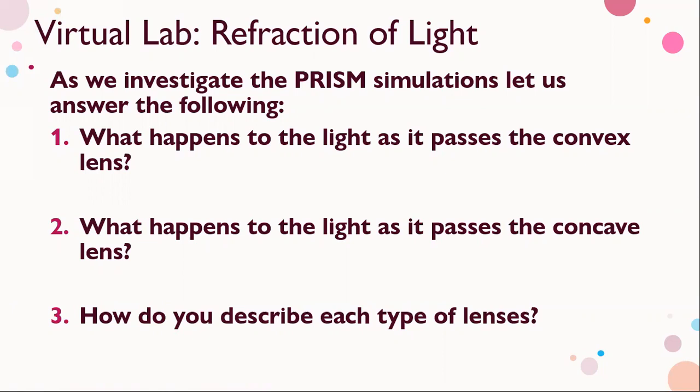Number two, what happens to the light as it passes the concave lens? And number three, how do you describe each type of lens? These are the questions that we need to take note of as we move along in the simulations. So let's go on now to the prism part of the Bending of Light simulation.